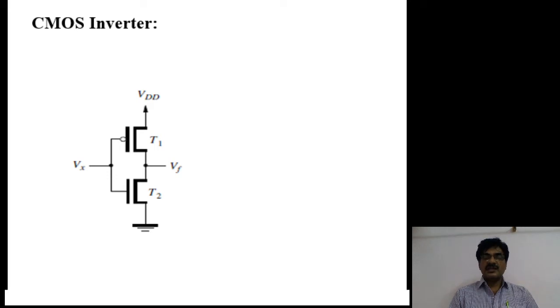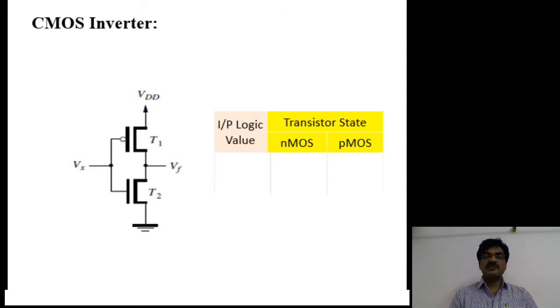Now let us observe its functionality. Does it satisfy the function of an inverter or not? To understand the function, let us observe the state of each transistor with reference to logic 0 and logic 1 inputs. For that, here I represented a table based on the operation of the MOS transistors.